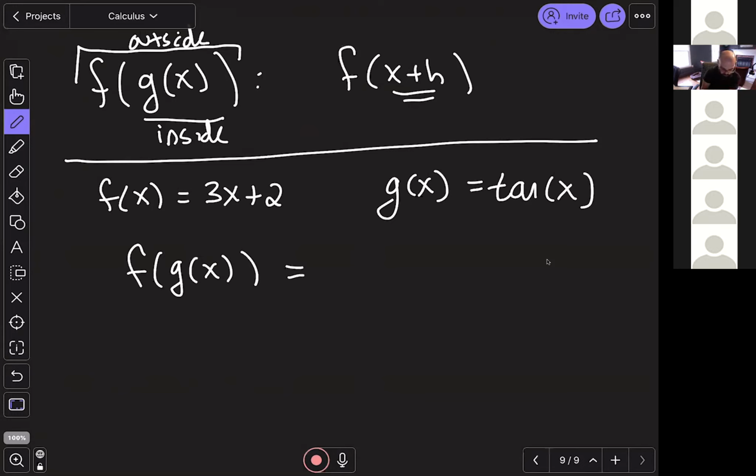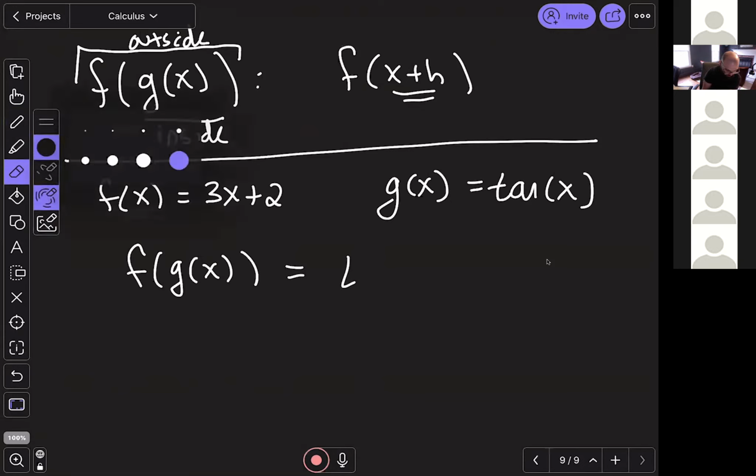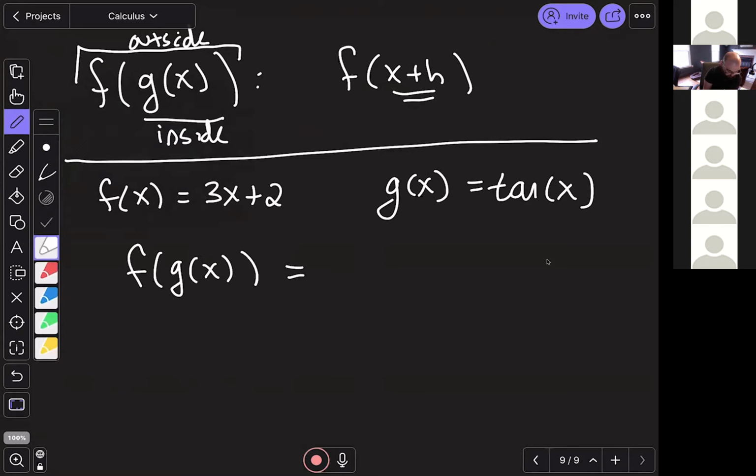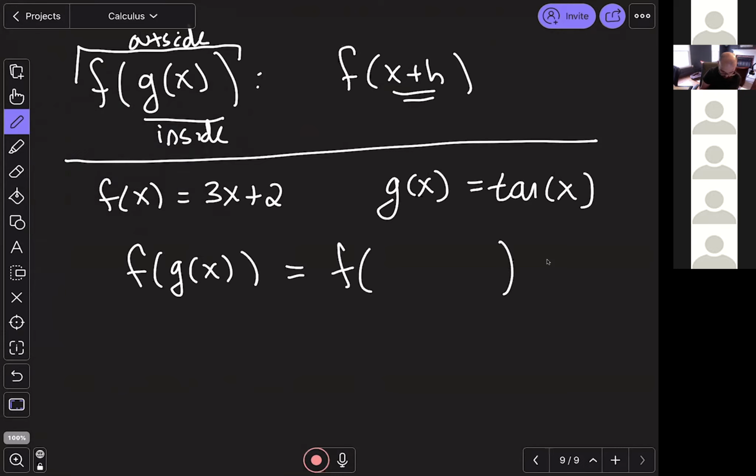And so this would look like, so let me back up here. So we'll erase this. So we have f of, right, g of x is actually going to be tangent. So we want to take the tangent function and we want to plug it in as an input to our new function f of x.